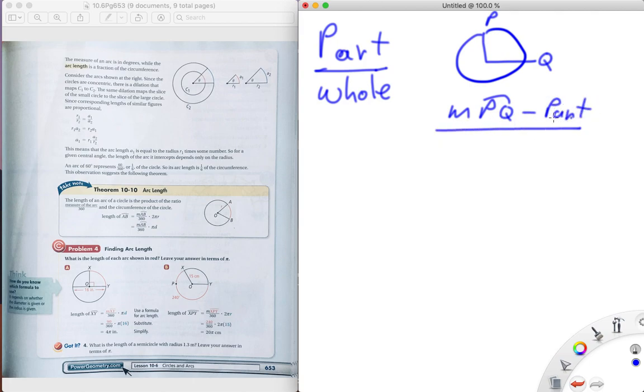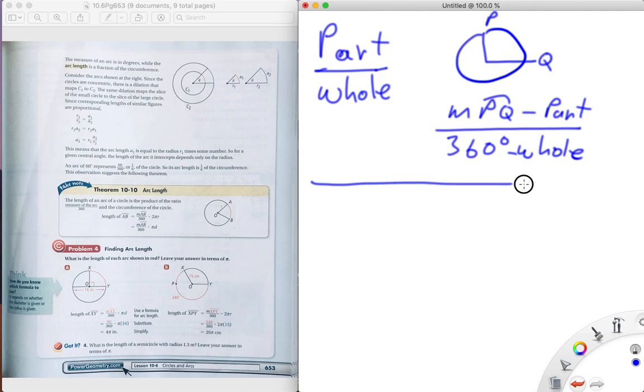And then the whole, if this is measured in degrees, what's the degree of a whole circle? Well, the degree of a whole circle is 360 degrees. So our part over our whole, the minor or major arc over the entire degree of the circle, is the first fraction.